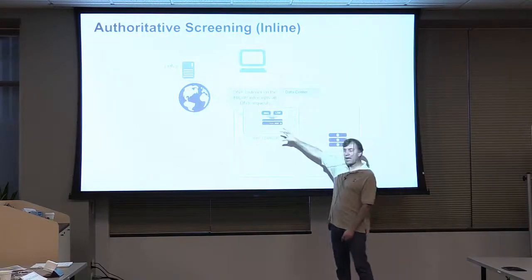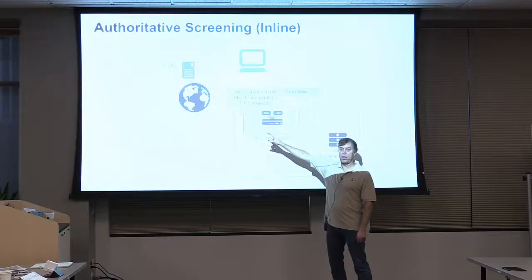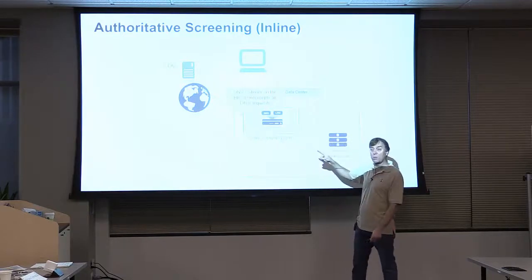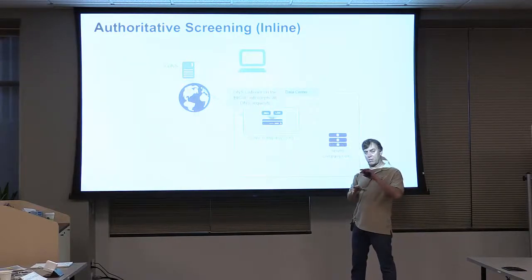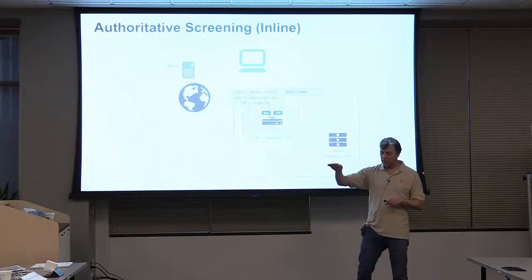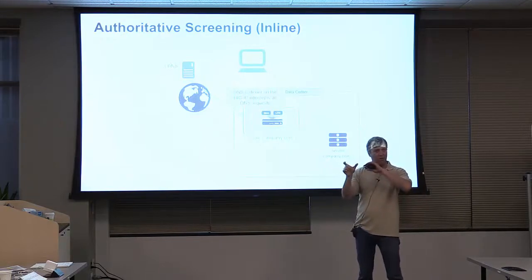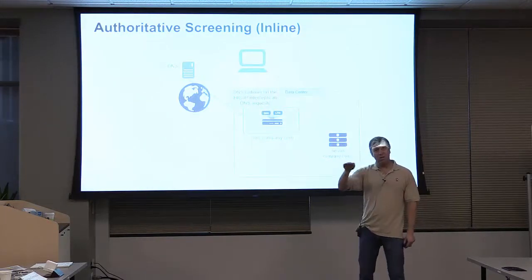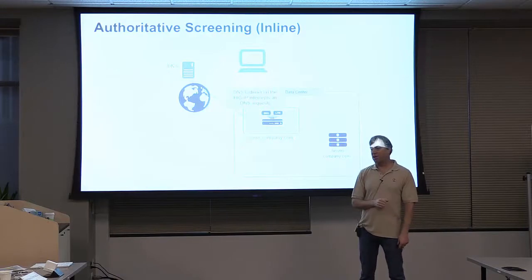But we're sitting in the middle, and as that query passes through the BIG-IP GTM or DNS box, we're going to look up and see if that name, that www whatever name, matches configuration settings that we have.